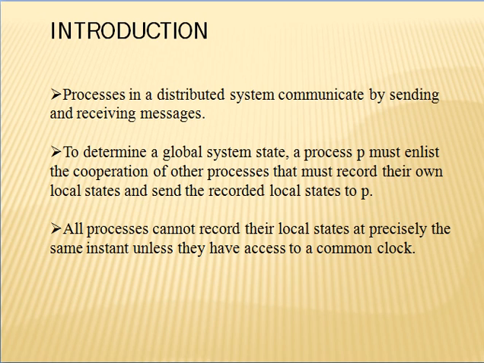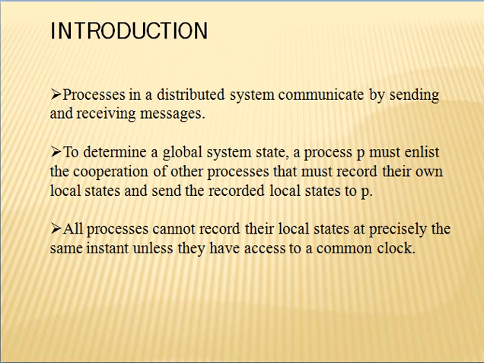When we come across a distributed system, there are different processes in the distributed system. There may be a way to communicate between them. This paper presents an algorithm by which a process in a distributed system can determine a global state of the system during the computation.